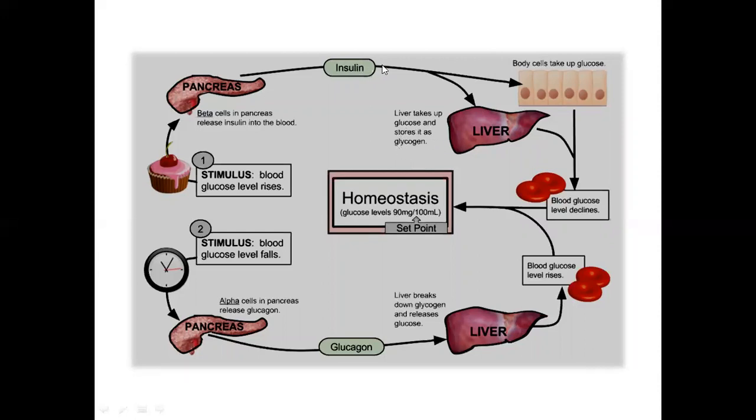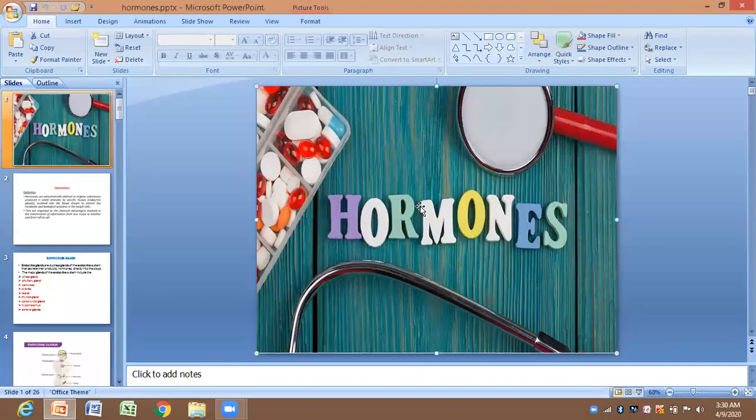Insulin first signals the body cells to take up the glucose. Even if the sugar level is too high, then the insulin signals the liver to take up the extra glucose from the bloodstream, and this extra glucose is stored in the liver in the form of glycogen. Now the high blood glucose level declines and comes to a normal range, that is 90 milligram per 100 ml.